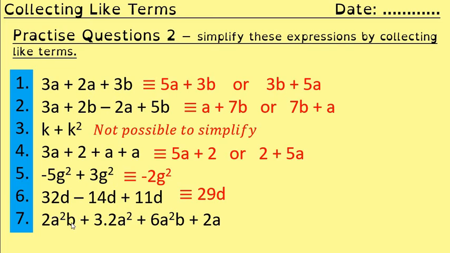It needs to be a squared b to be like terms with the others. So this, in fact, only has two like terms with each other, which is the two I just spoke about. So this simplifies to 8a squared b plus 3.2a squared, that can't be simplified with anything, plus 2a. Again, that can't be simplified and collected with anything.